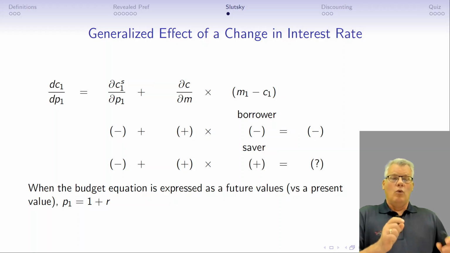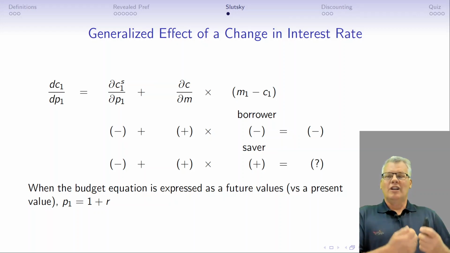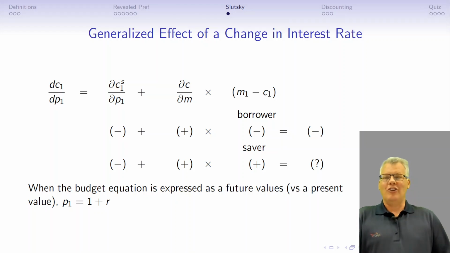So what this means literally is that when the interest rate rises, a borrower will choose to consume less in time period 1. Let me state that again. For a borrower, increasing the interest rate causes the consumer to consume less in time period 1. A borrower borrows from future income to fund current consumption.